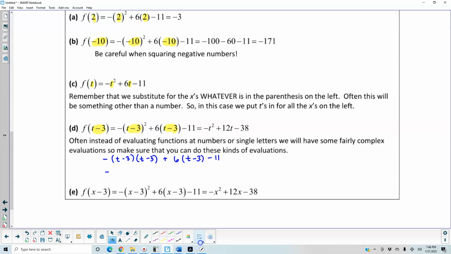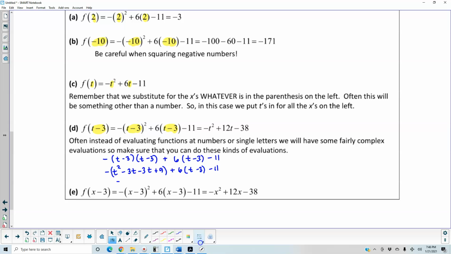Remember, this is the FOIL method, so this is going to give you t squared minus 3t minus 3t plus 9, plus 6 times (t minus 3) minus 11. And then we can distribute the minus sign.